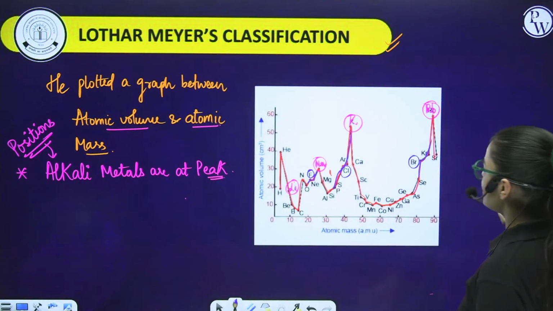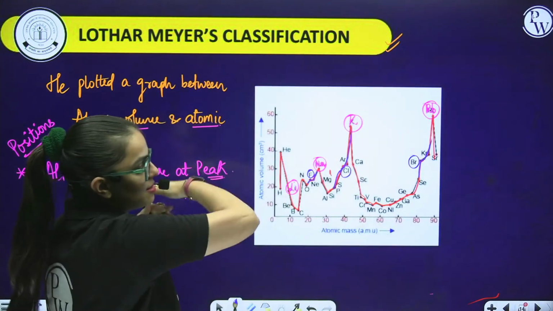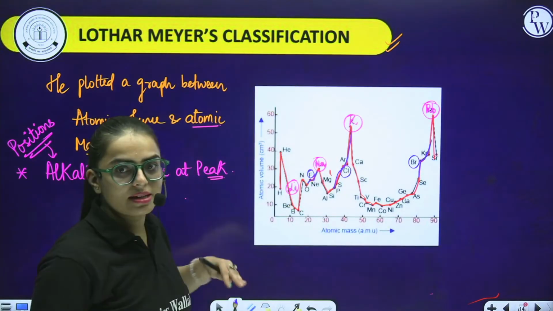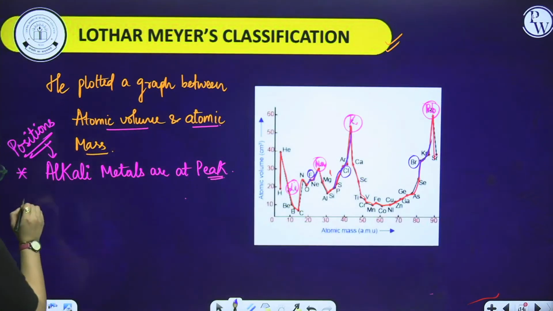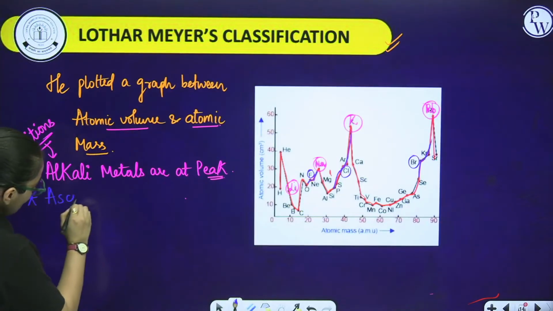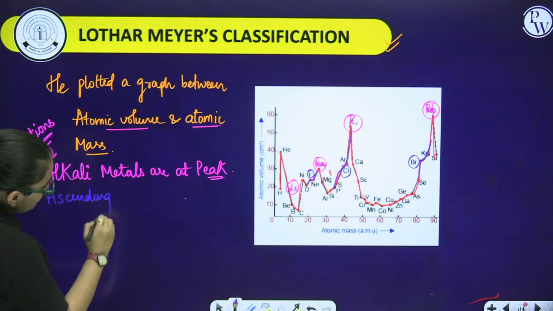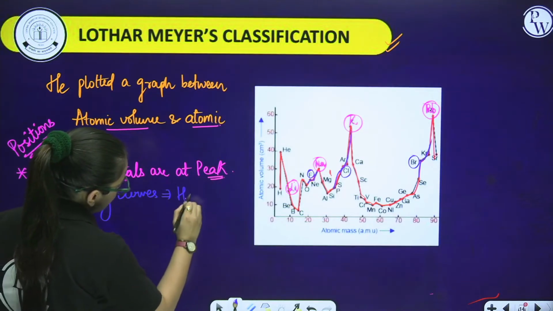Now what is referred to as ascending? That means it is going like this. This is ascending, this is descending. Ascending is increasing, descending is decreasing. So at the ascending curves, all halogens are placed.